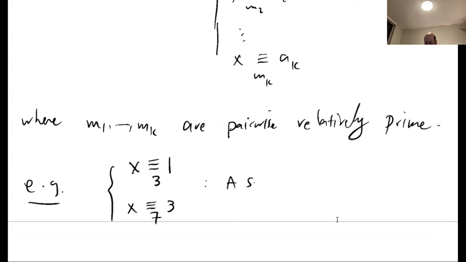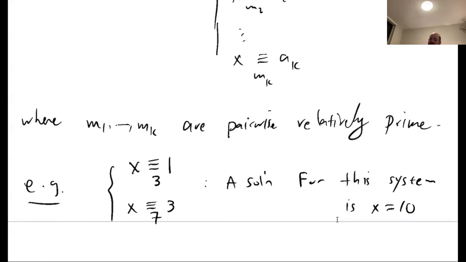A solution for this system, let's say, is x equals 10. I'll tell you how to solve the system systematically, but just to start, to get an idea, let's say you have a system of two congruences: x congruent 1 mod 3 and x congruent 3 mod 7.